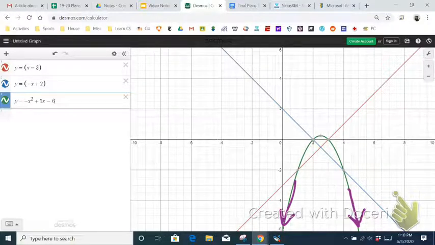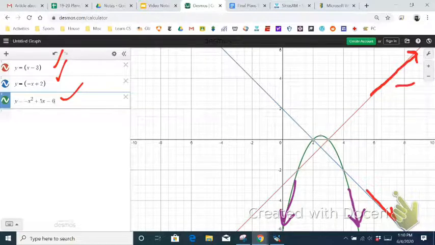If we look at the two other functions here, their end behaviors are closely tied to the end behavior of them multiplied together. In the red graph, as x gets bigger, y is going to become a bigger positive number. And in the blue graph, negative x plus 2, as x gets bigger, y approaches negative infinity. So you have positive times negative, which when you multiply them together is going to equal negative, which is why y is approaching negative infinity there.